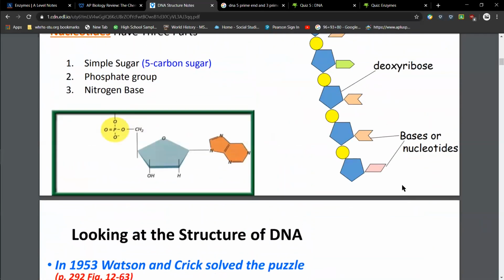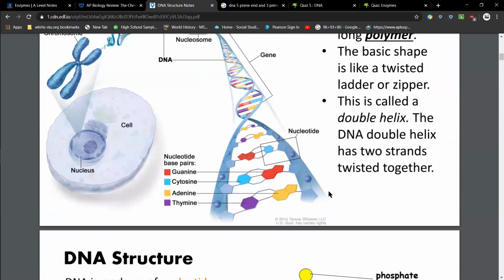I want to go back to this diagram so you guys can see. Remember we said the sugar phosphate backbone? That's here. You have the sugar, phosphate, sugar, phosphate, sugar, phosphate, and so on both sides. But what you also have are the bases, right? You have adenine here binding to thymine here. You have guanine here binding to cytosine here.